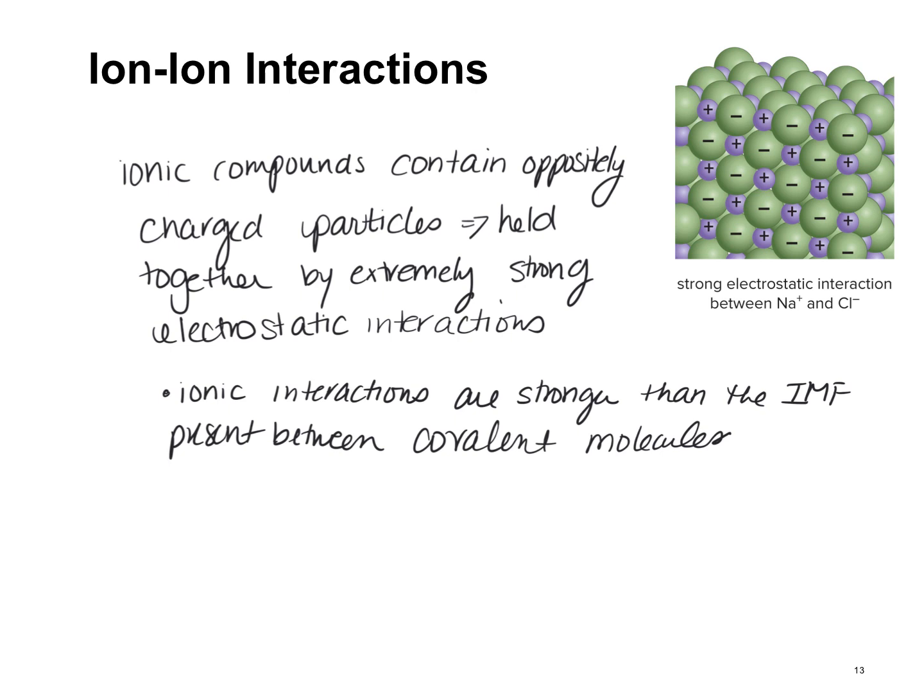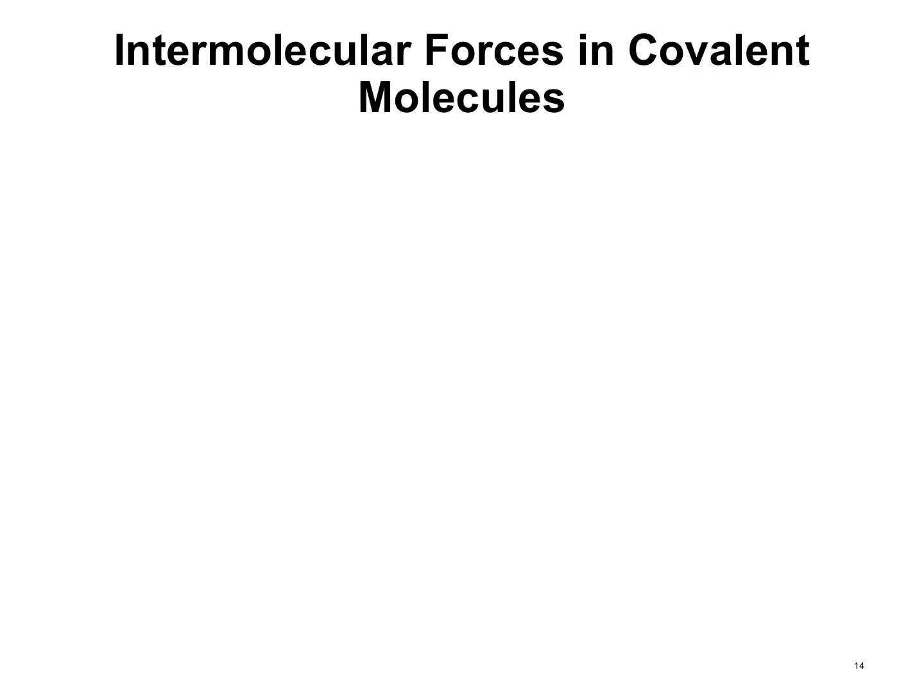An example of that is sodium chloride, and you can see we have the chlorine ions that are negatively charged and the sodium ions that are positively charged. Now, when we talk about intermolecular forces in covalent molecules, there are three big forces that we're going to talk about, and they increase in strength. The first one is van der Waals forces.